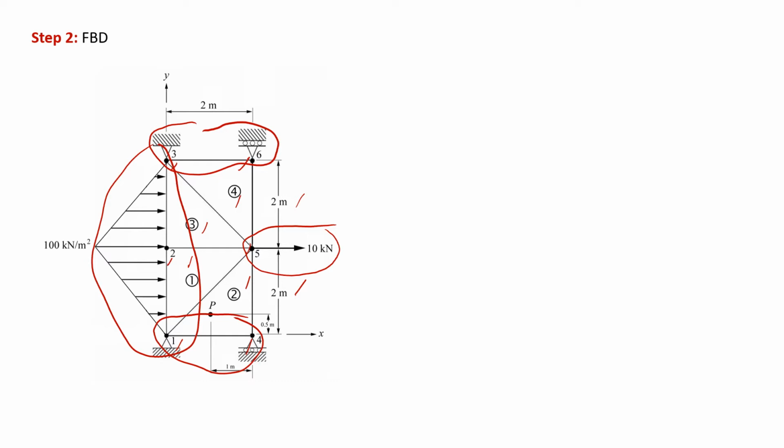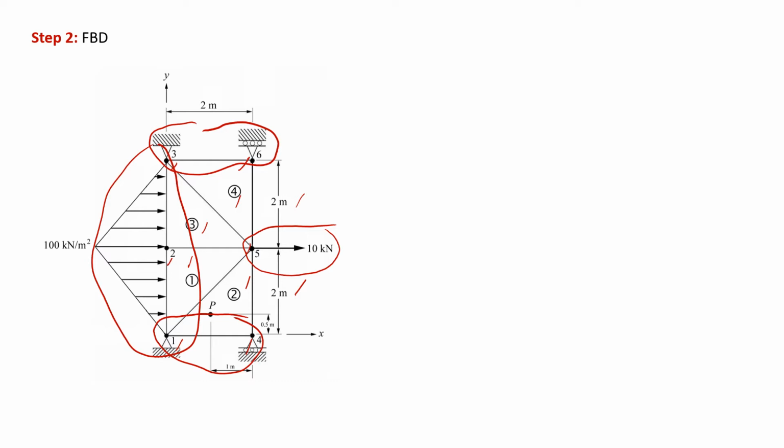Therefore, we can simplify our calculation by cutting this structure into 2 sections or 2 bodies. Then we only require to solve 2 elements instead of 4 elements.